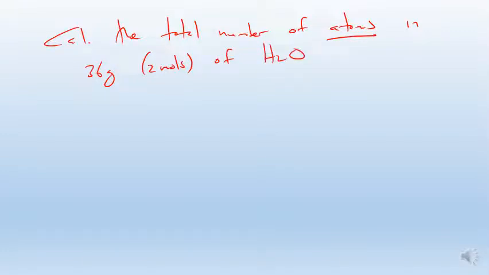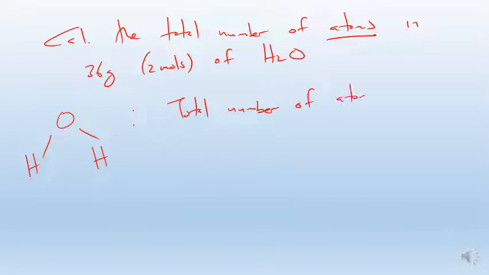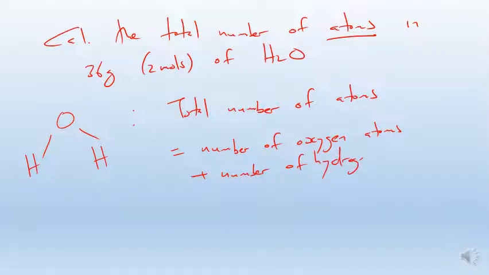So let's start working this out. So let's start totalling things up. So we've got oxygen, we've got hydrogen like this, and so the total number of atoms equals the number of oxygen atoms plus the number of hydrogen atoms.